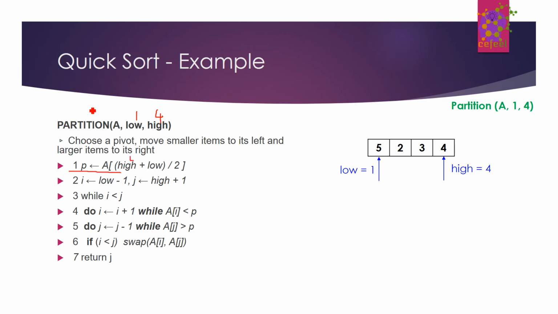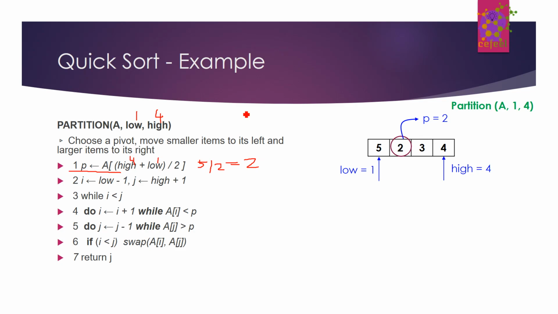High is 4, low is 1, so this is 4 plus 1 by 2, 5 by 2. Using integer division, this is 2, which means the second element will be chosen as P. So P will have the value of the second element, which is 2.